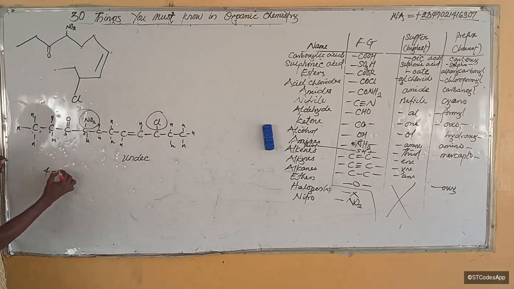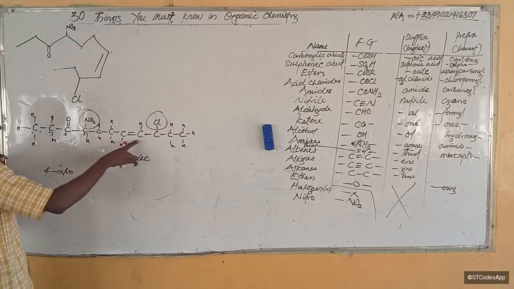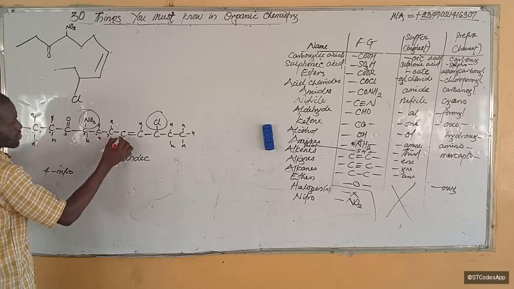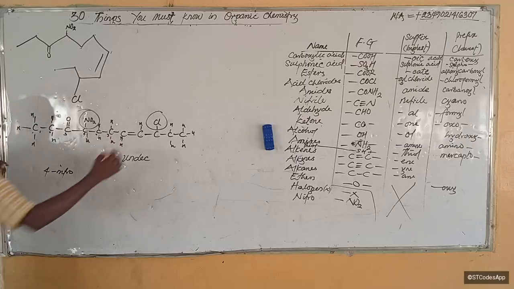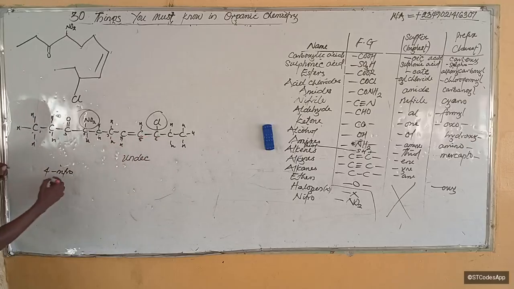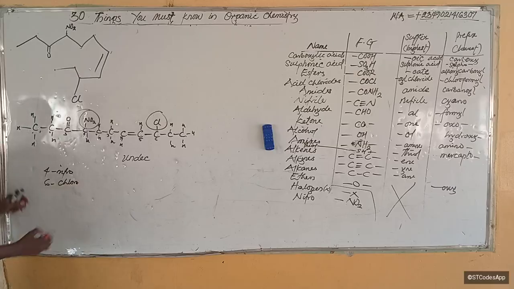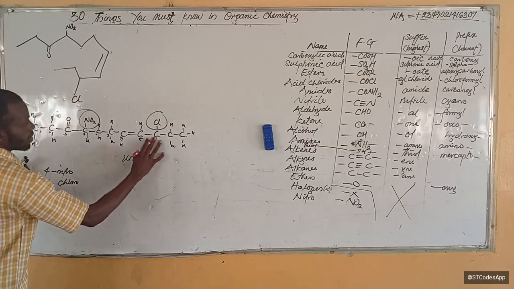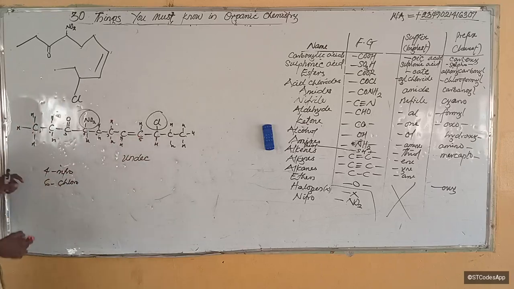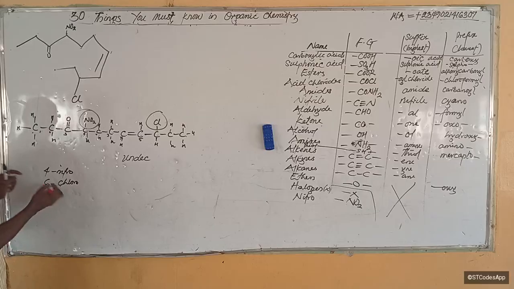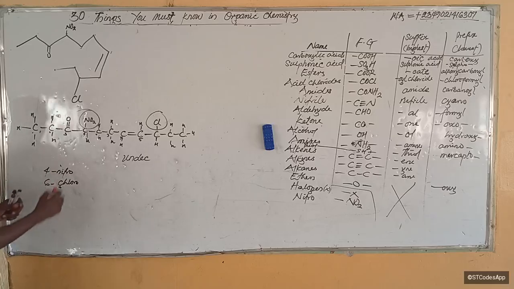That will be 4-nitro. The second one, we have 2, 3, 4, 5, 6, on carbon 6, 6-chloro. Which one should come first? The C comes first, so 6-chloro, C before N, so we write the C first.